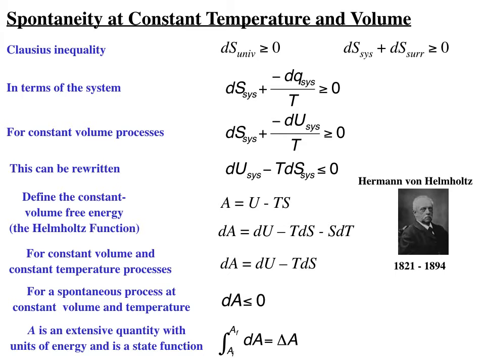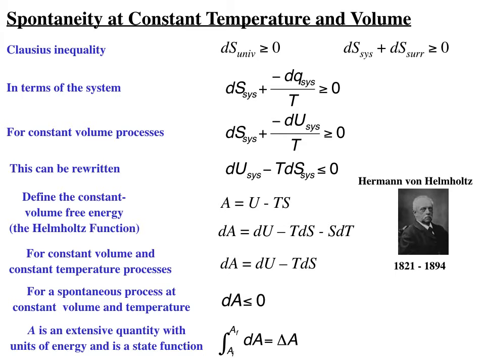So what we're getting at is that for a spontaneous process, as long as the temperature and volume are constant, we have this newly defined work function or Helmholtz function. If dA of that function is less than or equal to 0, I have a spontaneous process. Now this newly introduced quantity A has the same familiar properties that we've seen with our other thermodynamic functions.